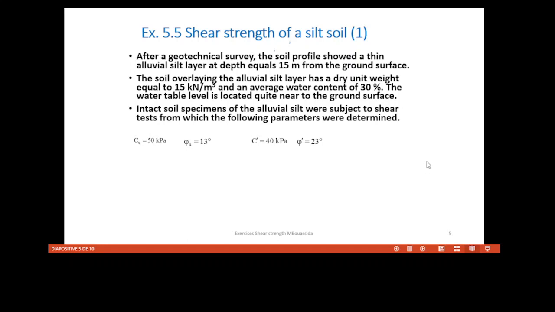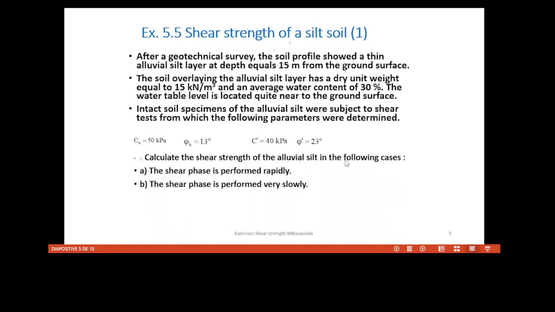Intact soil specimens of the alluvial silt layer were subject to shear tests, from which the following parameters were obtained: the undrained cohesion and the undrained friction angle, and then the effective cohesion, or drained cohesion, and the effective friction angle.